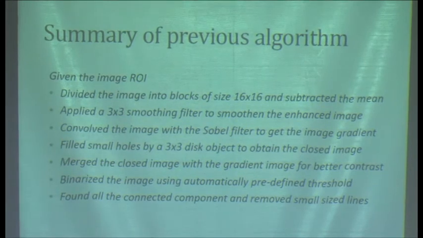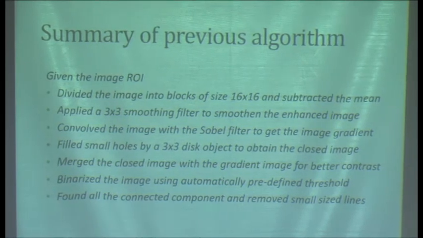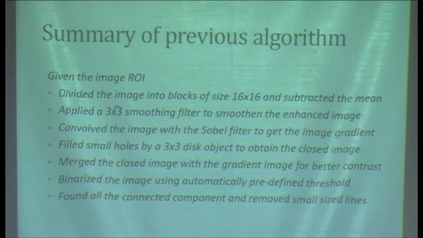Previously I implemented an algorithm. What that algorithm did was enhance the image by dividing it into blocks of size 16 × 16 and subtracting the mean from each. Then I applied a smoothing filter and convolved the image with a Sobel filter, considering the lines to be edges.